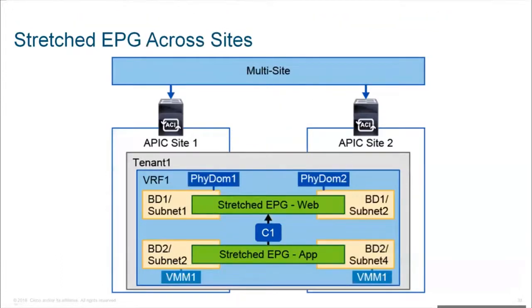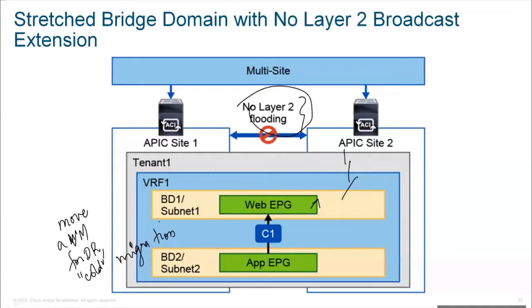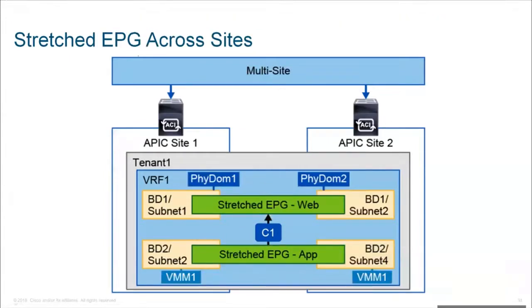You could have a stretched EPG across sites. If I need a stretched EPG across sites, this is going to be between the sites. It's not doing layer 2, it's layer 3 forwarding.